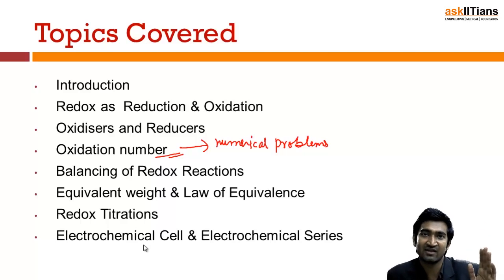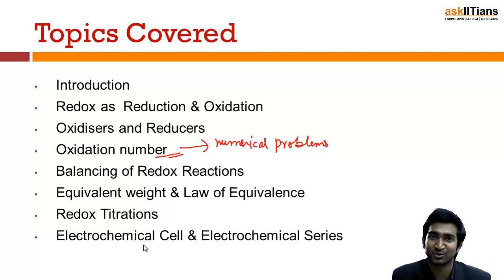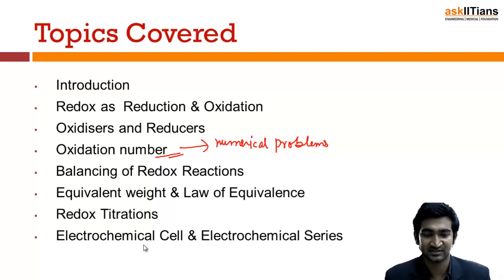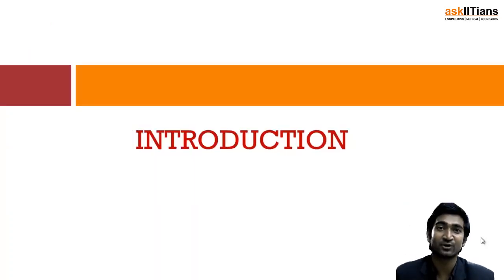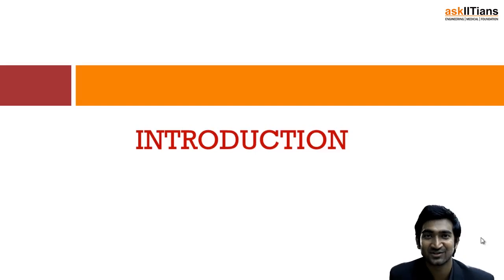On one side I'll be having anode, on the other side cathode, and in both of them oxidation and reduction will take place. So that thing we will discuss. So these are the topics which we need to cover in this redox reaction chapter. So here guys, now we'll discuss the introduction part, what actually a redox reaction is. So let's proceed.